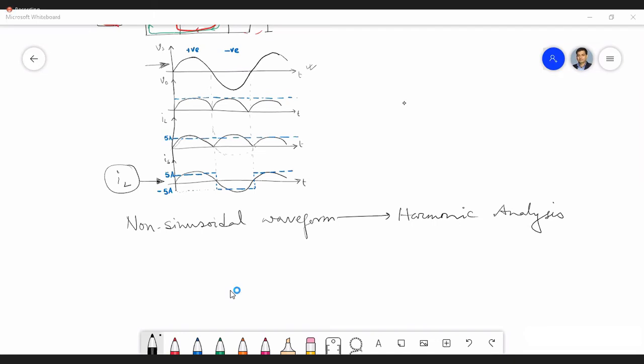So the harmonic analysis is basically done based on the Fourier series, isn't it? Yes, sir. Now, what is the Fourier series? What does it say?